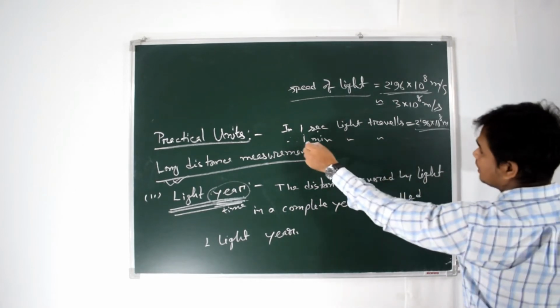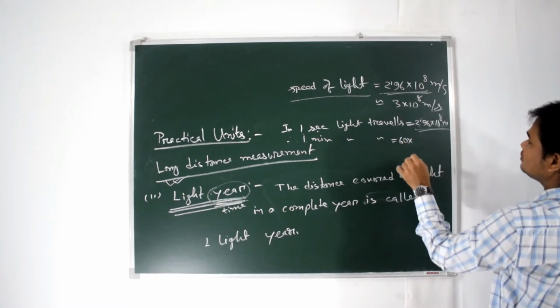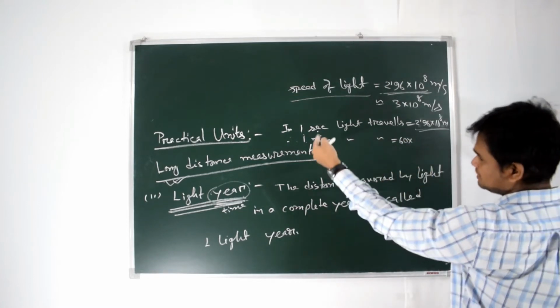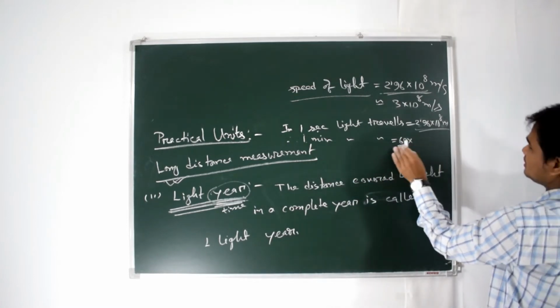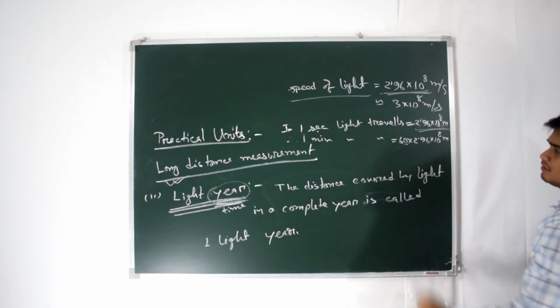Next, in 1 minute, light travels 60 into 2.96 into 10 to the power 8 meter, because 1 minute has 60 seconds.